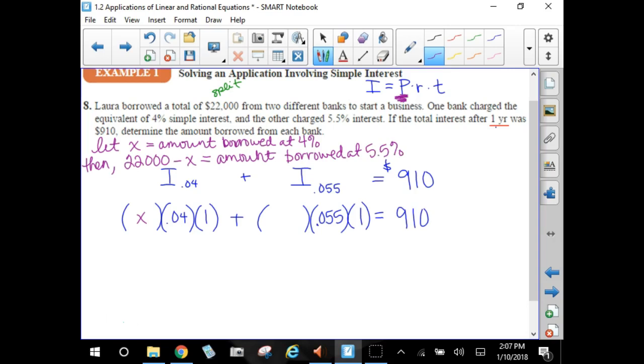So the quantity 22,000 minus X is the amount borrowed at 5.5%. That's the principal times the rate times the time.